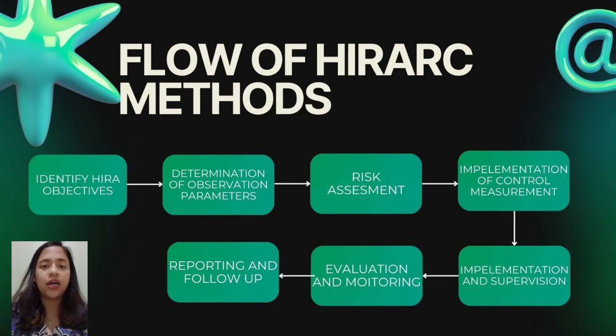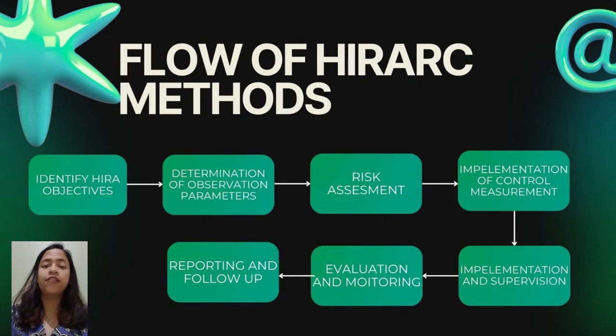And then the next flow is the risk assessment, or hazard identification and hazard prioritization. This stage also is a fairly important stage in hierarchy analysis. Why? Because the hazard identification will be carried out on the parameter, which is the water sampling parameter, and this is carried out by students during water sampling activities.